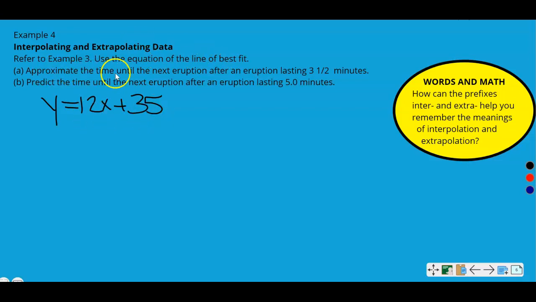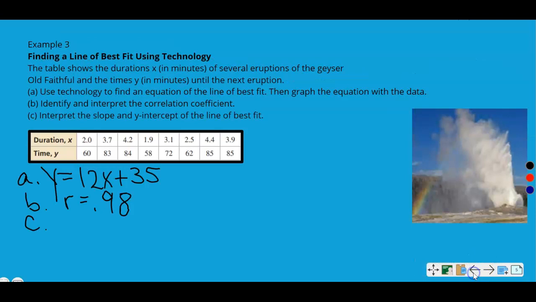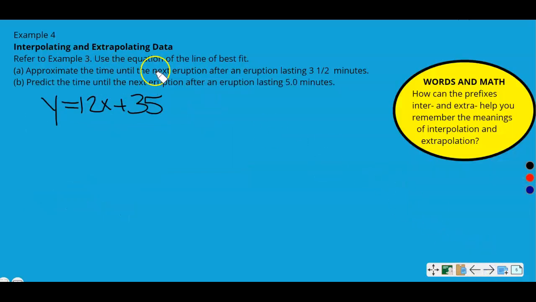It says approximate the time until the next eruption after an eruption lasting 3.5 minutes. If we refer back to this example, the duration is your x. So all we have to do is substitute 3.5 minutes in for x. So y equals 12 times 3.5 plus 35.